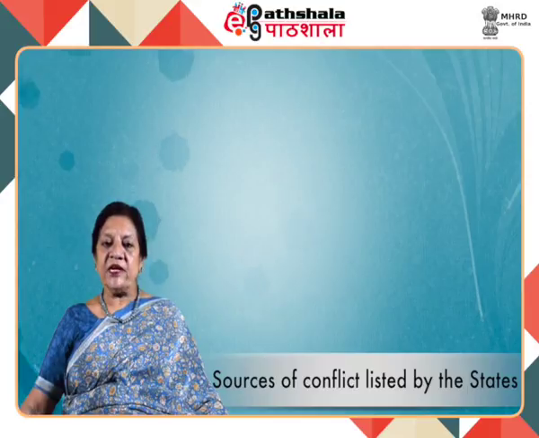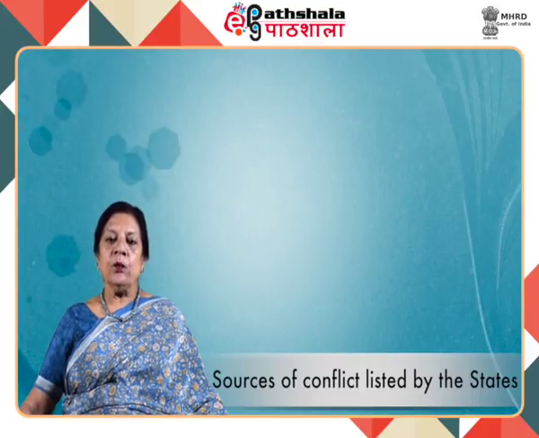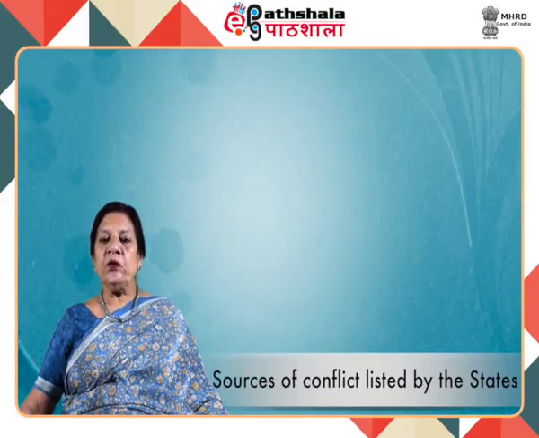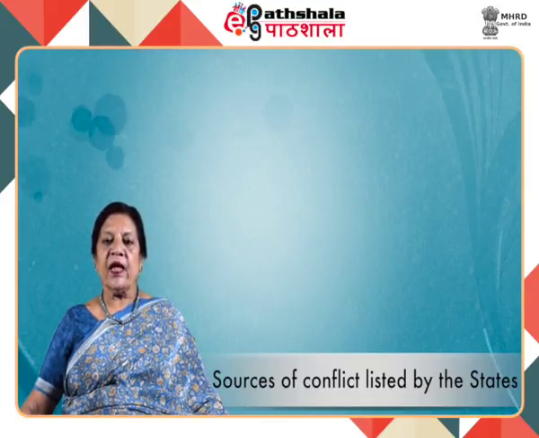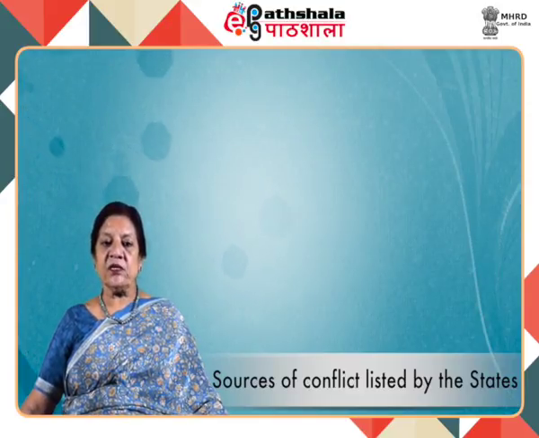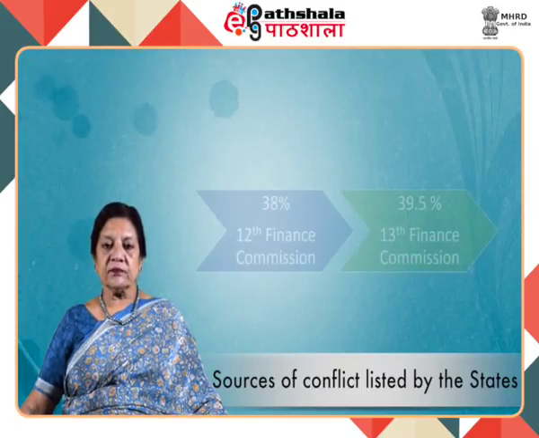In all, states will get 136% higher amount in comparison with the 12th Finance Commission. This has been due to an increase in the expected revenue of the center, and secondly due to an increase in the share of states as recommended by the 13th Finance Commission.